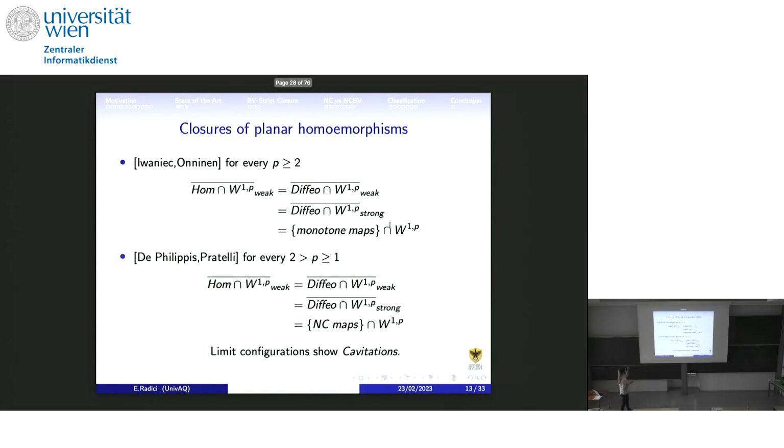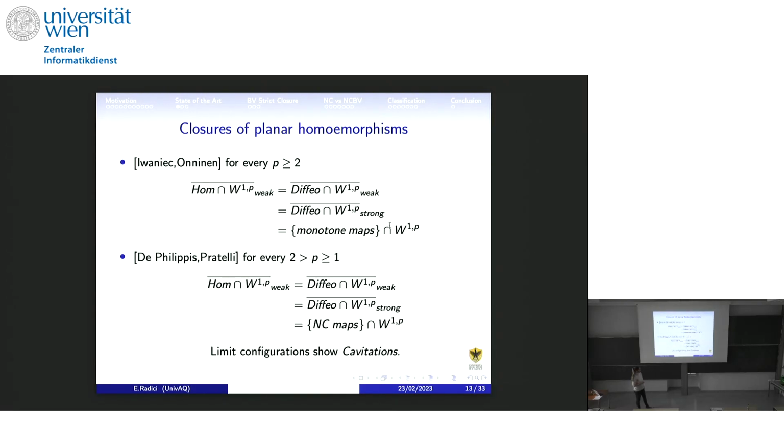More recently, Guido De Philippis and Aldo Pratelli pushed this, with a different argument. They were able to prove that weak and strong closure still coincide, but this time when p goes below the dimension, so p bigger or equal than 1. This time you can have discontinuities in this limit class, but the discontinuities have a specific shape.